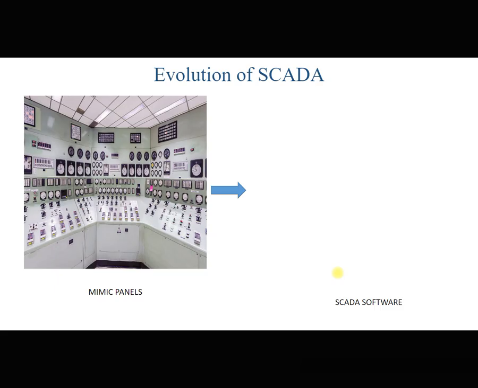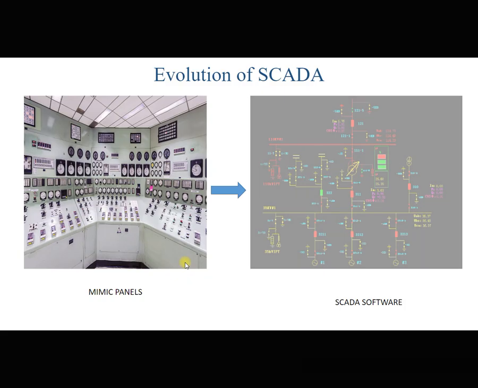On these panels several meters, knobs, CBs, LEDs and push buttons are mounted. Keep in mind that all these devices are directly wired from the field devices. This is the mimic panel.